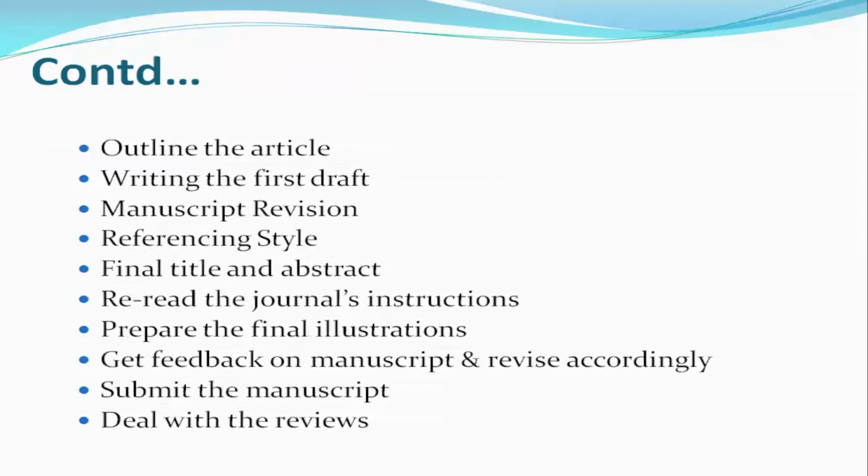The next thing is that one should outline one's article in the sense that what are the things which should come first, what can come later on. Also, when you're having co-authors in the same article, it's important that you allot different aspects to different co-authors.